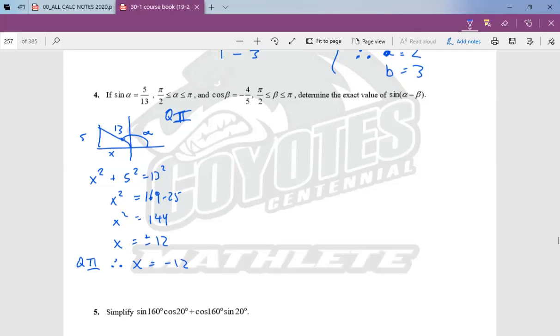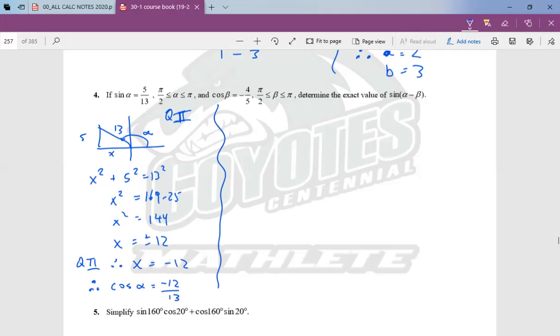We are told that sine alpha is 5/13, but now we know also that cos alpha is, now we know our x value is -12, so cos alpha is -12/13. Okay, so there's the first part.